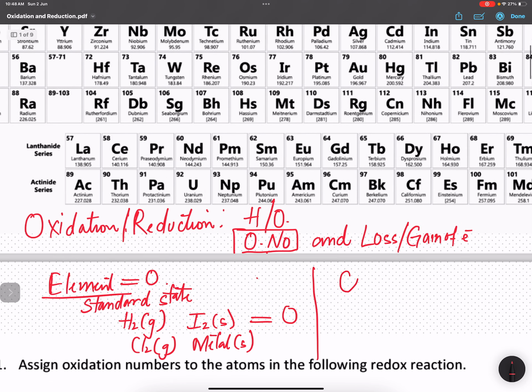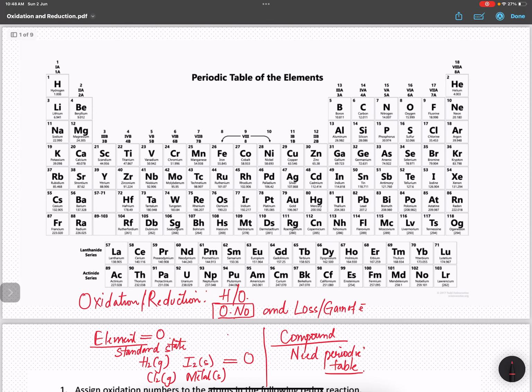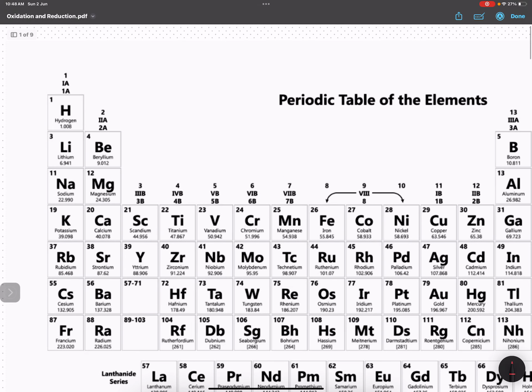On the other hand, if you have a compound, in that case you will need the periodic table, and there are certain rules which we have discussed in the class in detail. So I'll give you a brief about finding oxidation numbers in compounds. This is group 1, group 2. If it is from group 1, it will have an oxidation number of +1.